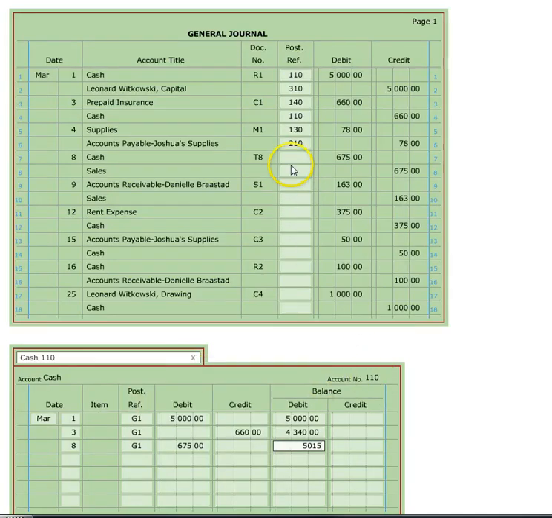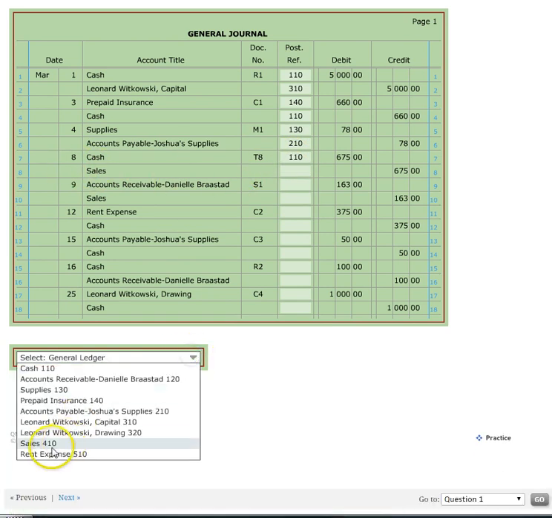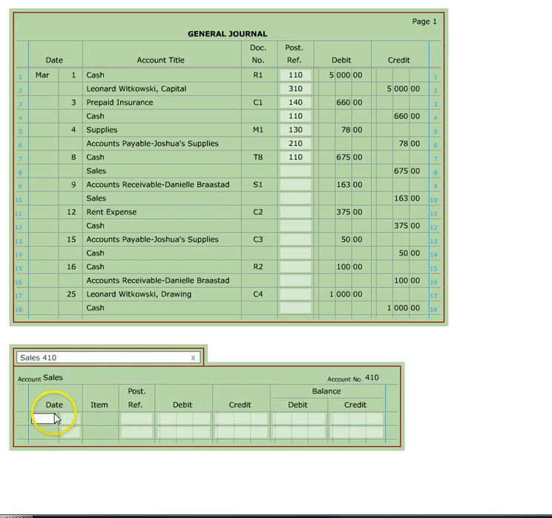Posted that to 110. Okay, and sales. March the 8th. General Journal, page 1. Sales is a credit of $675. Credit balance $675. Show you posted it to 410.